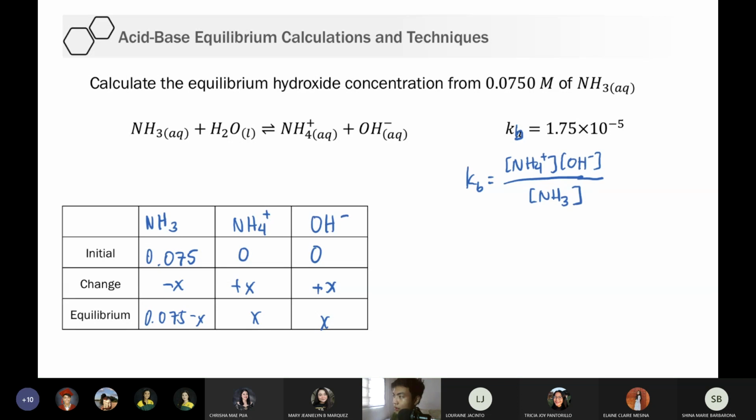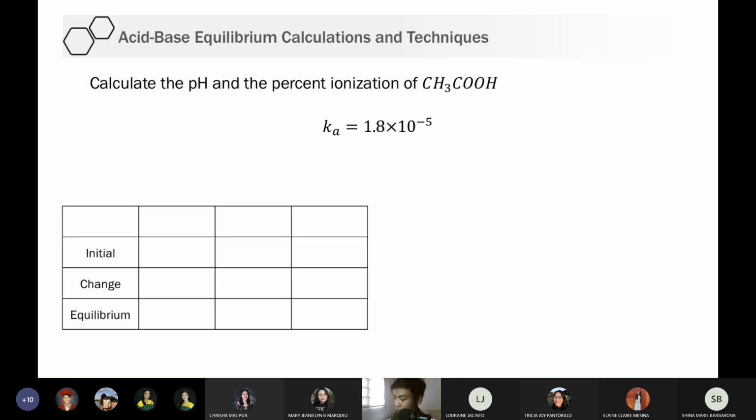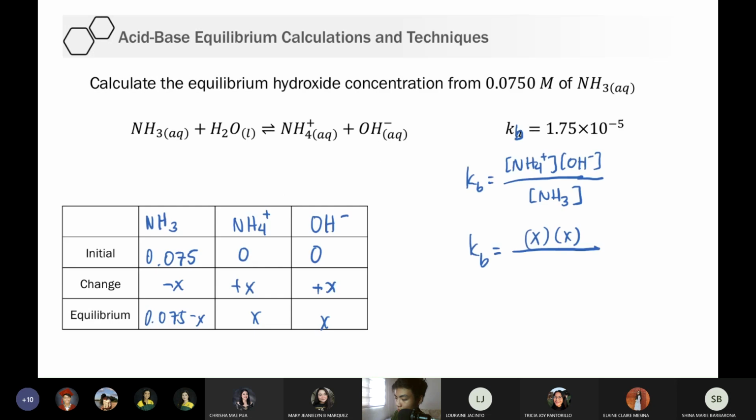Okay. And then we plug in the equilibrium expressions. So that will be X times another X. And then for the denominator, we have 0.075 minus X. Kapag hindi natin natanggal tong X na to, this will give us the Bx term sa quadratic equation.